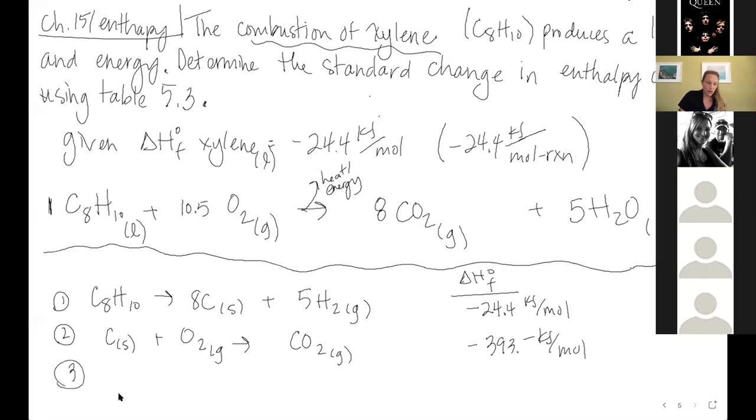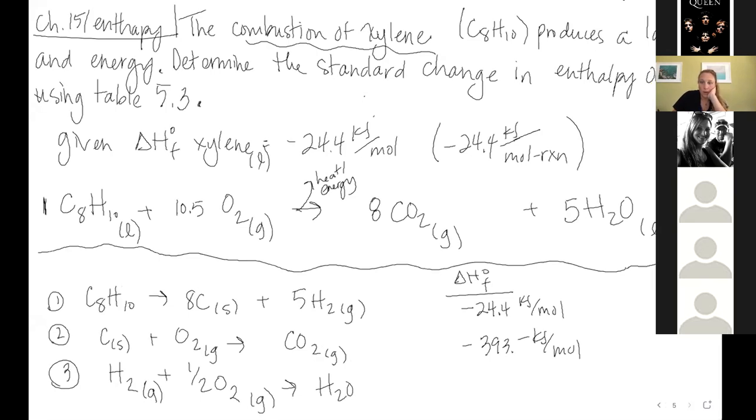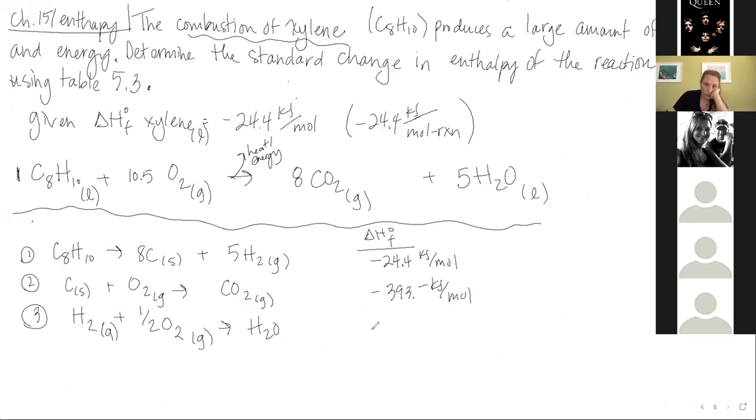This third equation here is where hydrogen gas is reacting with 1/2 of oxygen gas to produce liquid water, with an enthalpy of reaction of negative 285.5 kilojoules per mole.